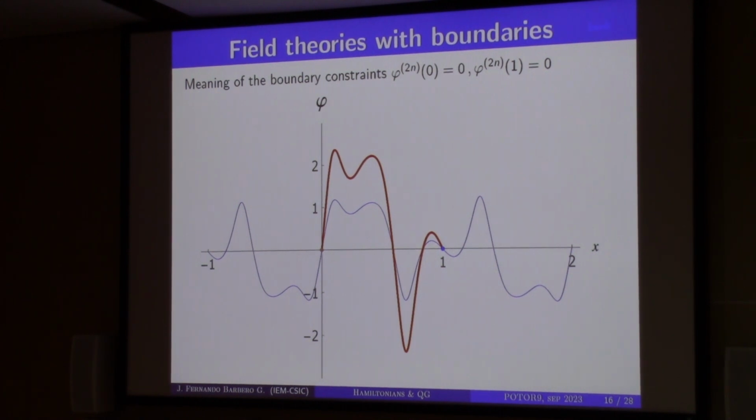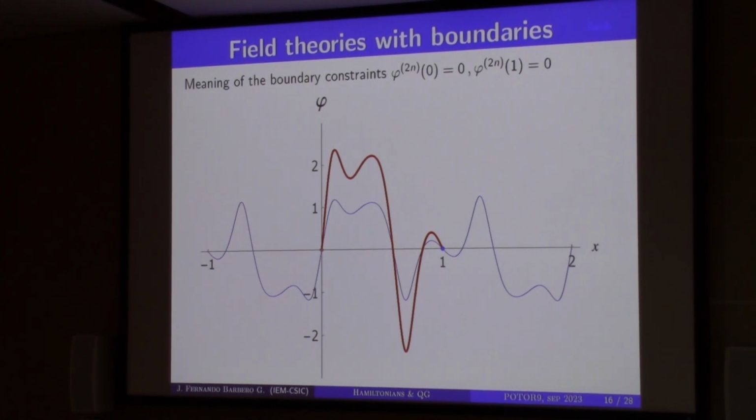Okay? Now, a neat way to build solutions in 1 plus 1 dimensions is using d'Alembert's formula, and in order to compute the solution, what you have to do is the following. You halve the value of the function, and then you extend it periodically to the right or to the left. Now, this extended function, you evaluate at x plus t, say, and x minus t.